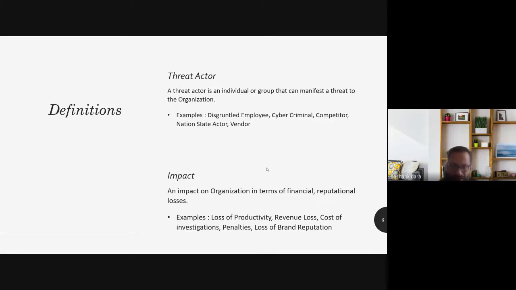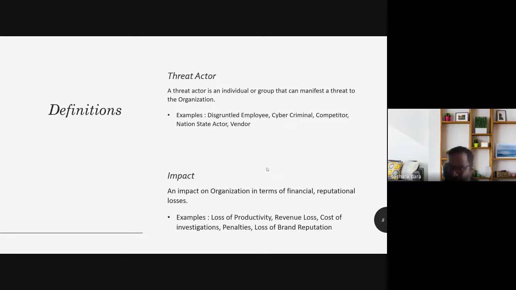Now, what is an impact? An impact on an organization could be in terms of financial or reputational losses. Okay, loss of productivity, revenue loss, cost of investigations, penalties, loss of brand reputation, and sometimes even human losses, right?